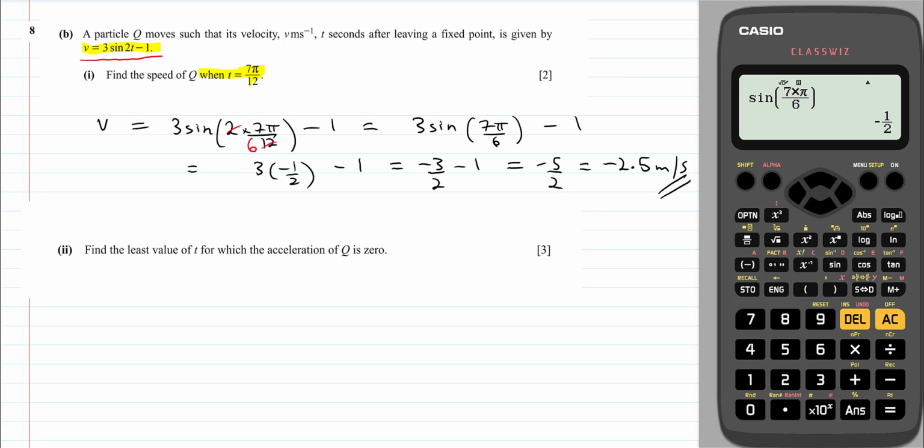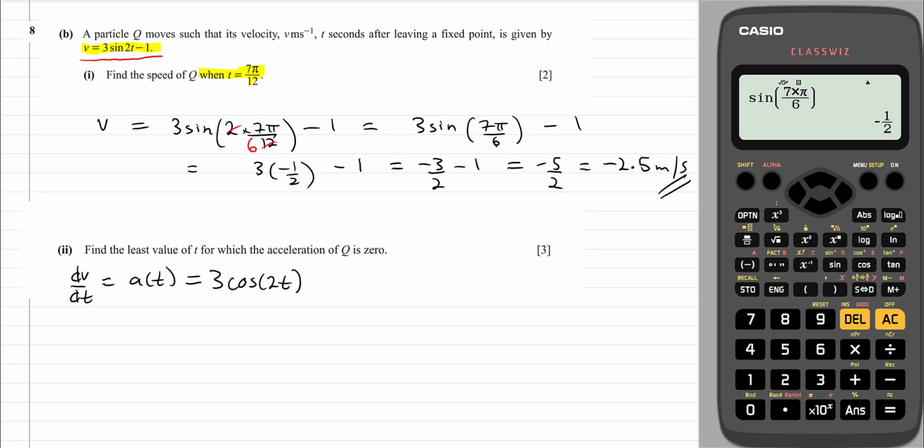So we get dv by dt, which is equal to our acceleration as a function of time. For the derivative of 3 sine 2t, we're going to need to use the chain rule here. The 3 is constant, so we'll leave that there. The derivative of sine of theta is just cos of theta, so sine of 2t will become cos of 2t.